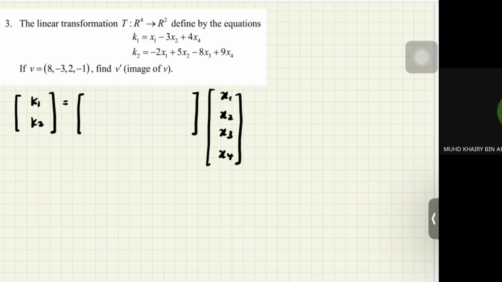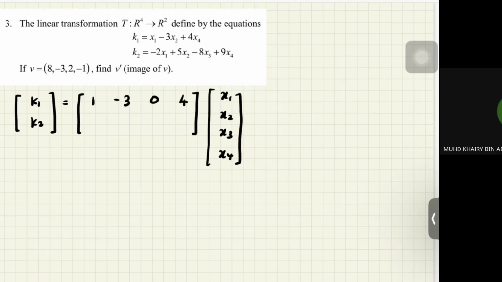Okay, so the value will be the coefficient for each of these x1, x2, x3, x4. For K1, the coefficient for x1 will be 1, for x2 minus 3, for x3 0, and for x4 4. So 1, minus 3, 0, 4.